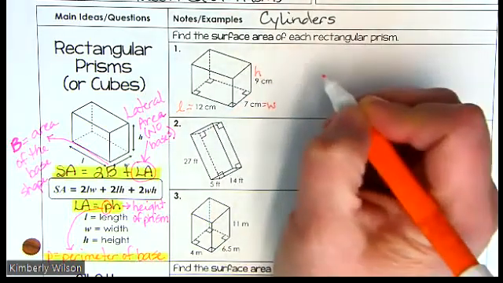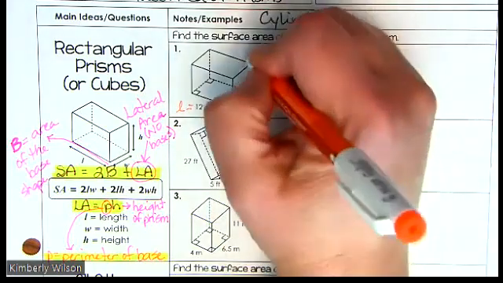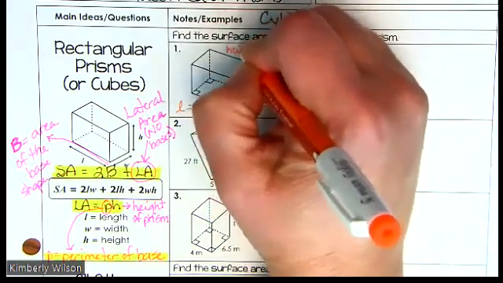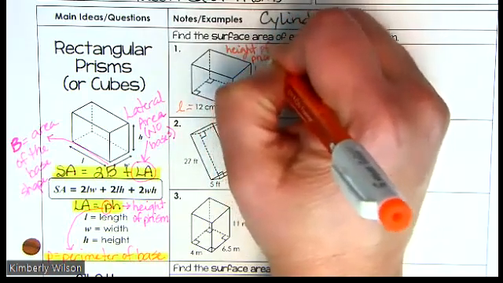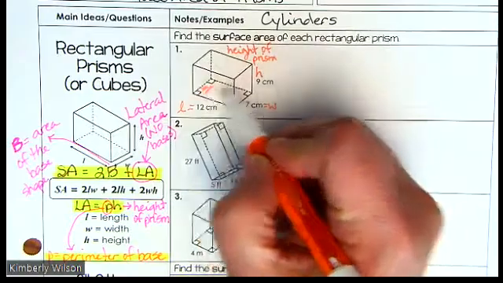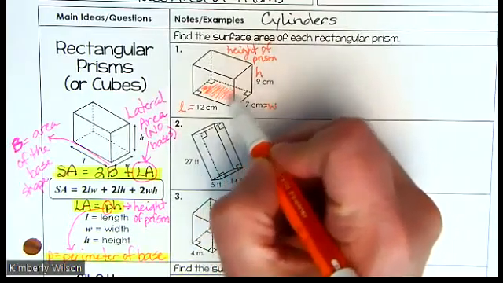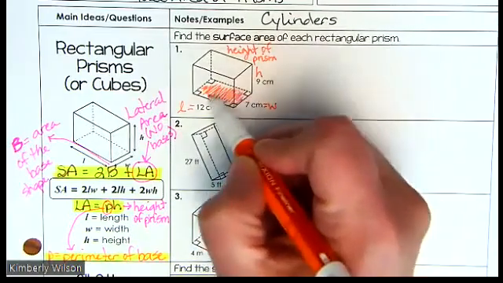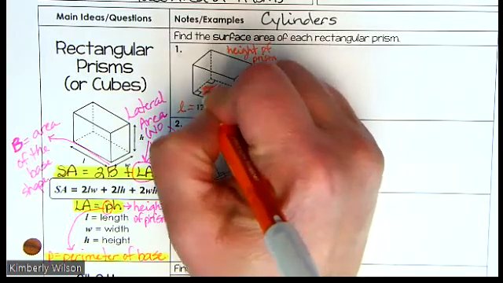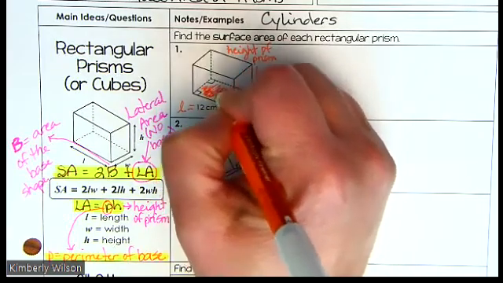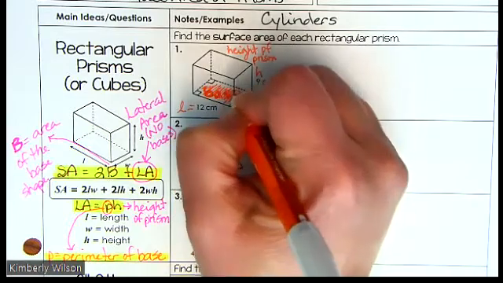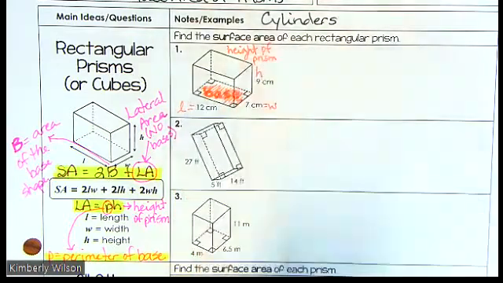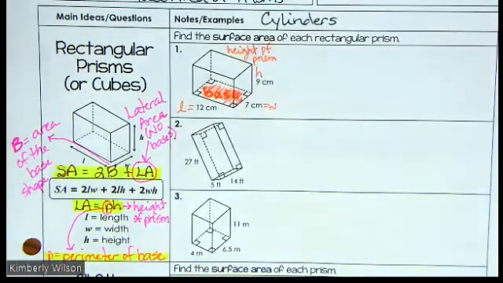Now, remember, that is height of the prism. Because length times width is how I find the area of the base, we're shading this in. This is my base. I hope you can see that. That is my base shape.